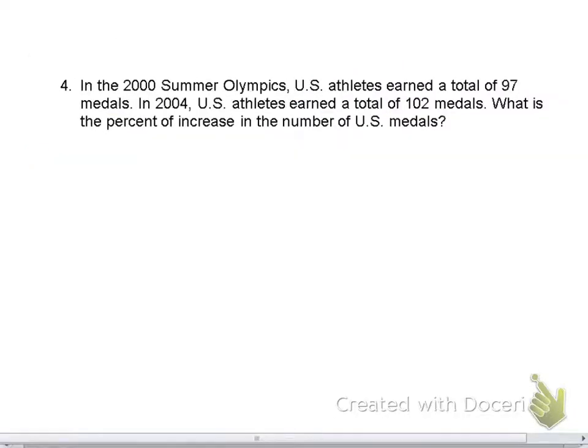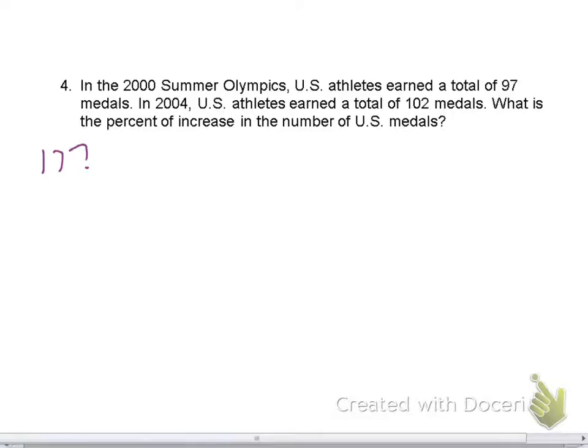The next problem is dealing with Summer Olympics. In 2000, the U.S. earned 97 medals, and in 2004, U.S. athletes earned a total of 102 medals. What is the percent of increase in the number of U.S. medals? So again, we're dealing with percent of increase. First thing we need to do is find the change.